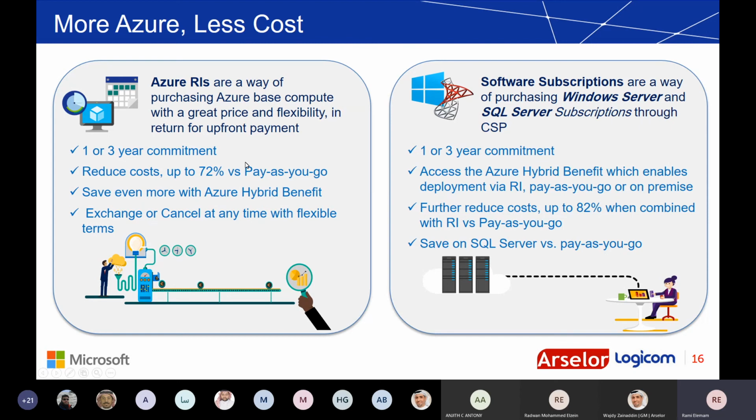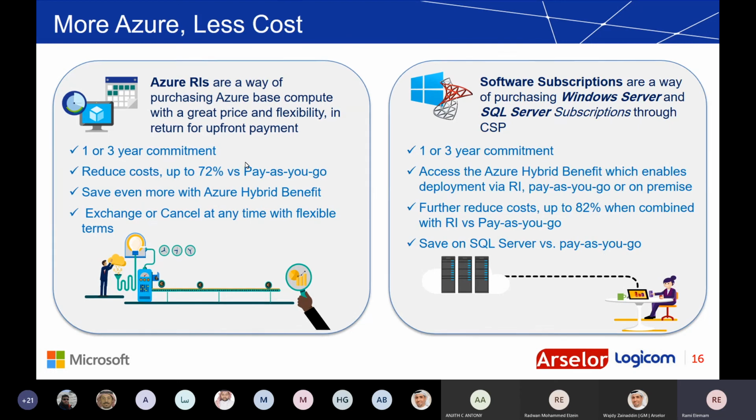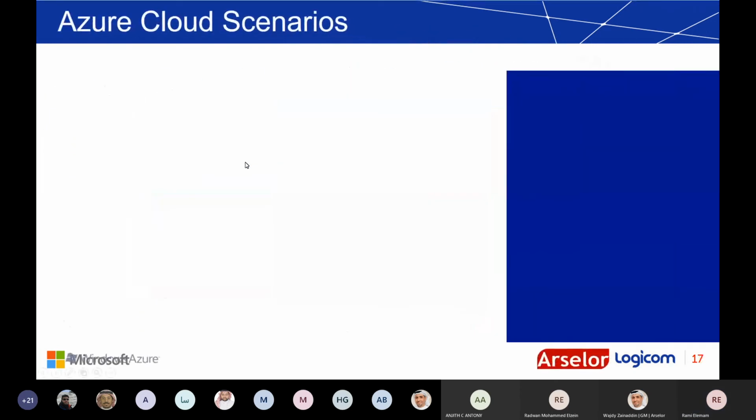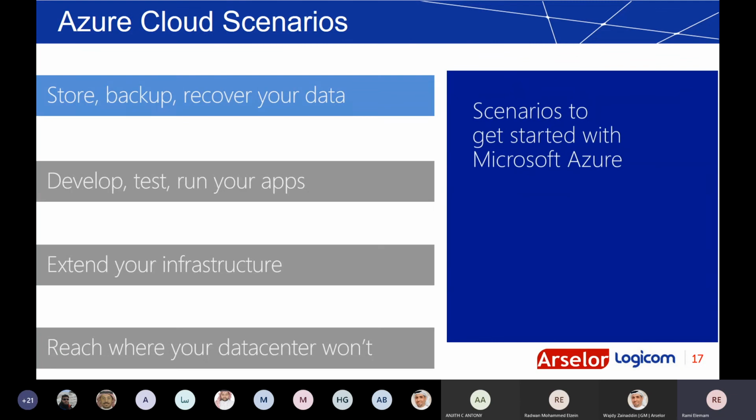Let's move forward to the next slide. Here is a very important slide. So how can I use my services or servers on Azure, and what are the scenarios? All of us has a business, and business continuity and high availability are very important and affect all of our businesses.